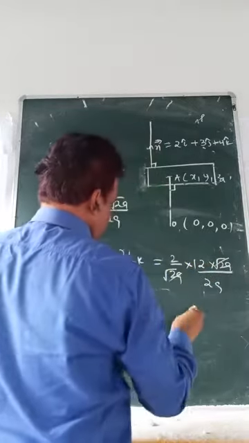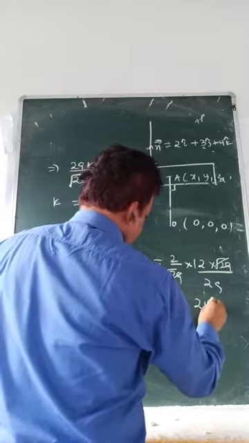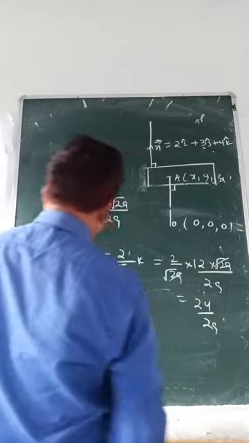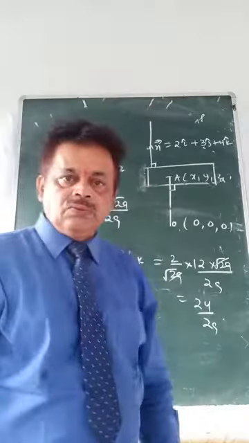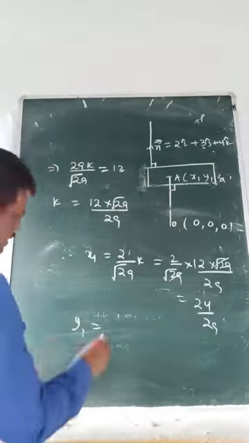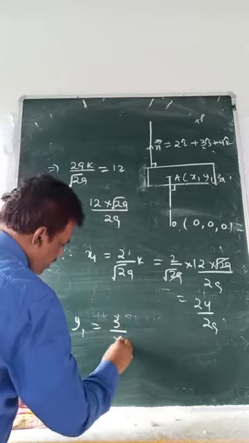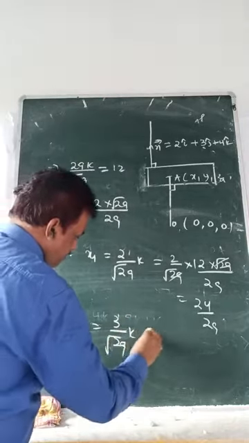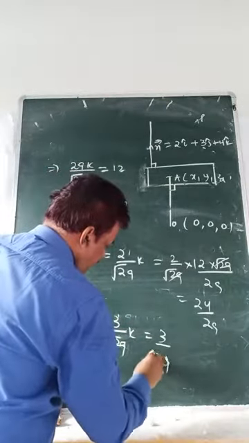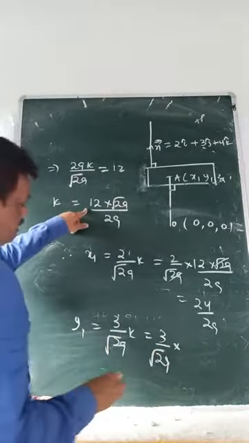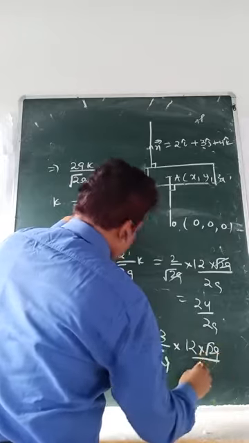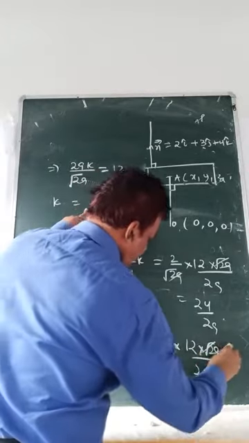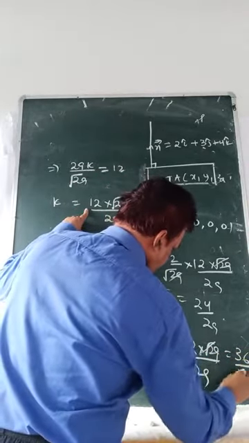This is cancelled. How much? 24 by 29. What is your y1? y1 is 3 by root 29 into k, 12 root 29 by 29, cancelled, 36 by 29.